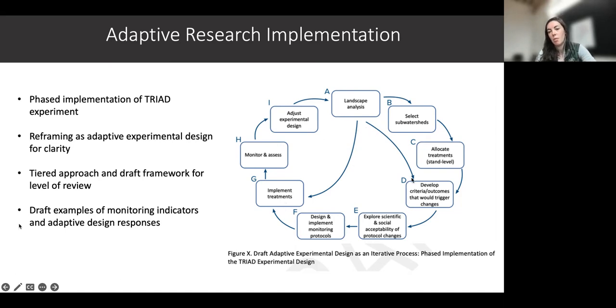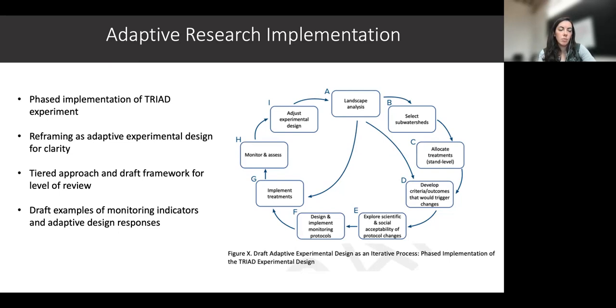Or it may indicate that a broader change might be needed, in which case you might go back to a step that involves looking at the criteria outcomes that you were aiming towards, or the monitoring protocols that were put in place if you're not detecting the signals that you anticipated you might be able to. So the chapter outlines this process in more detail.